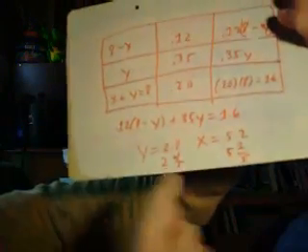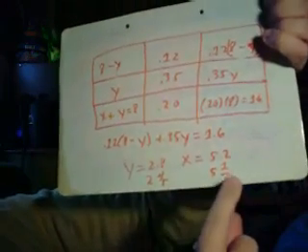Alright? And if you want to get more simplistic than that, we can go as far as to say that y is going to be 2 4/5 and x is going to be 5 1/5.